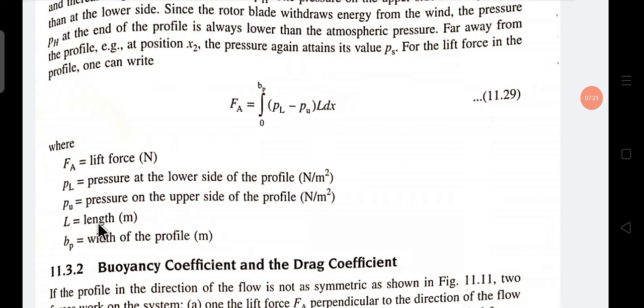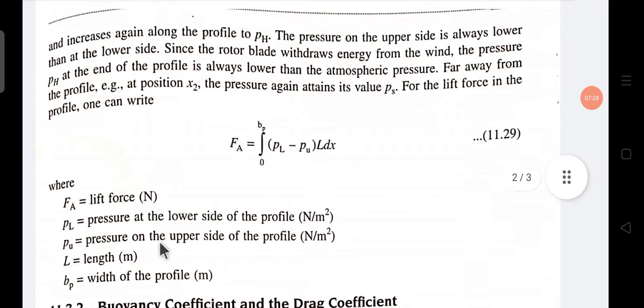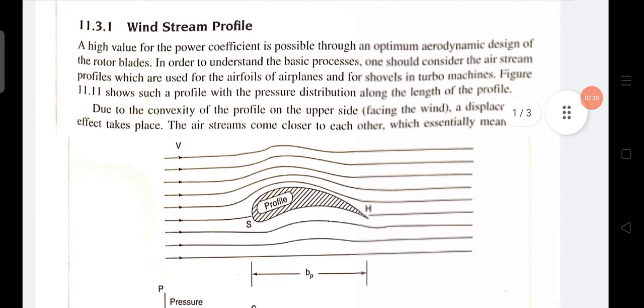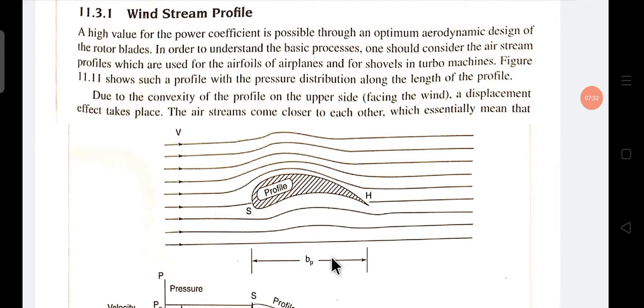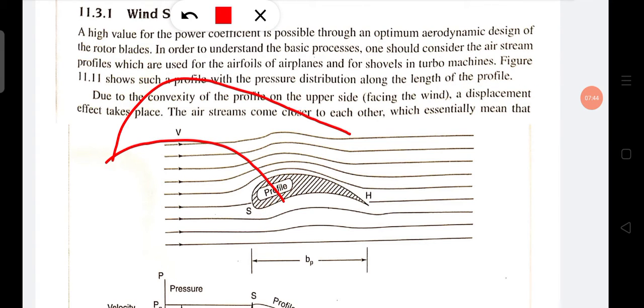L is the length of the profile, and Bp is the width of the profile.